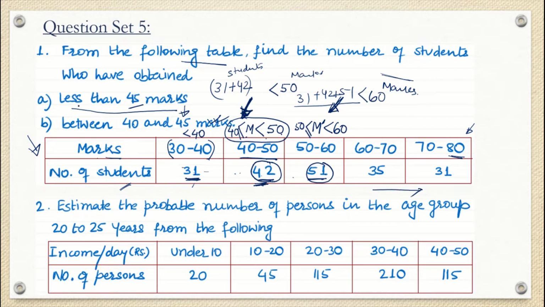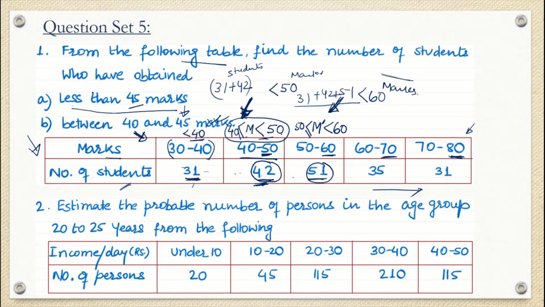So if somebody asks how many students have scored less than 45 marks, it will be much easier to rebuild this table, where the entries are marks obtained less than 40, marks obtained less than 50, marks obtained less than 60. Why are we interested in remaking this table?